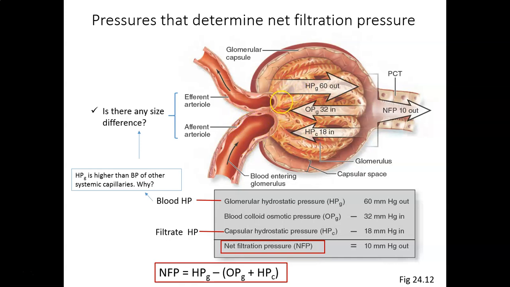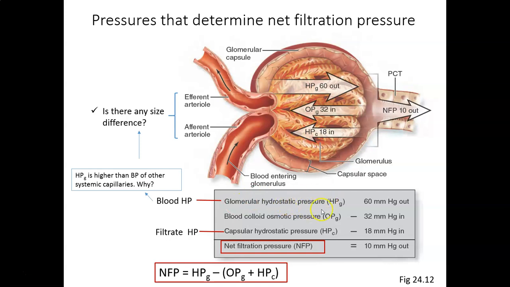The net filtration pressure is going to decide how much filtrate is going to form, right? So basically, for the net filtration pressure, you are going to calculate the pressure that's pushing filtrate out of the blood vessel, but you're also going to subtract. So that will be the hydrostatic pressure from the glomerulus, the blood hydrostatic pressure.